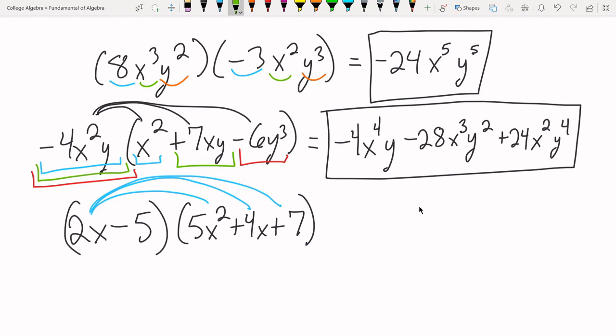And then I'm going to take negative 5 times 5x squared, times positive 4x, times positive 7. That's the method that you always do for multiplying polynomial times polynomial. Take the terms in the first polynomial and just distribute them into all of the second polynomial.